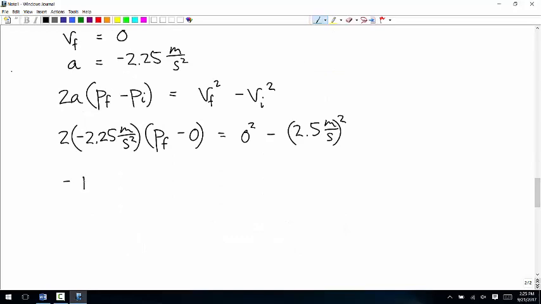And so negative 4.50 meters per second squared times PF is equal to negative 6.25 meters squared per second squared.